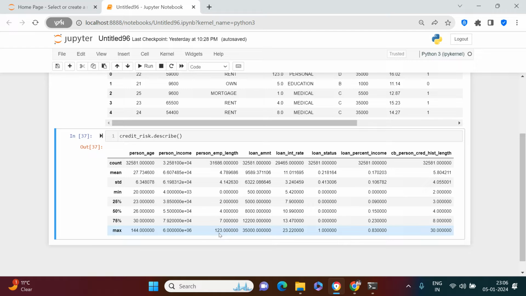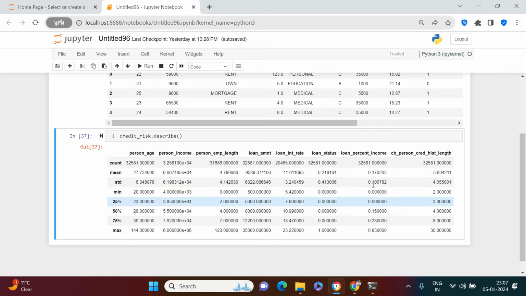Again, you let me know what exactly you are going to do while building the model and how it performs. Now the loan amount, we will see the distribution later on. Interest rate is also something we will see later on. Status simply tells you whether it's a defaulter or non-defaulter.